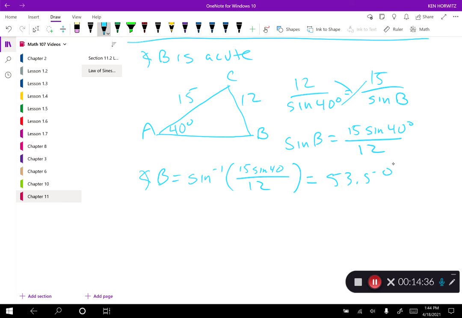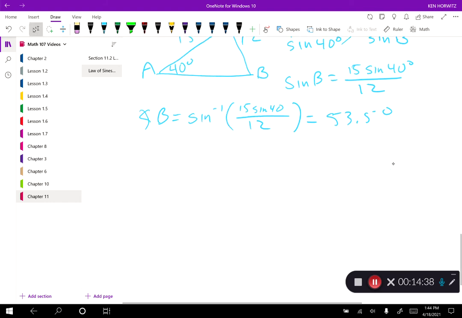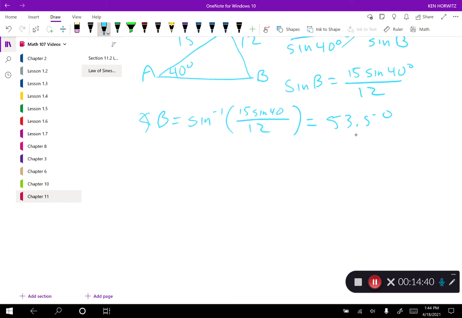Now, angle C is going to be a lot easier. We have 180 degrees minus 40 degrees minus 53.5 degrees. Whatever's left is angle C, and I got, you can certainly check my work, 86.5 degrees.